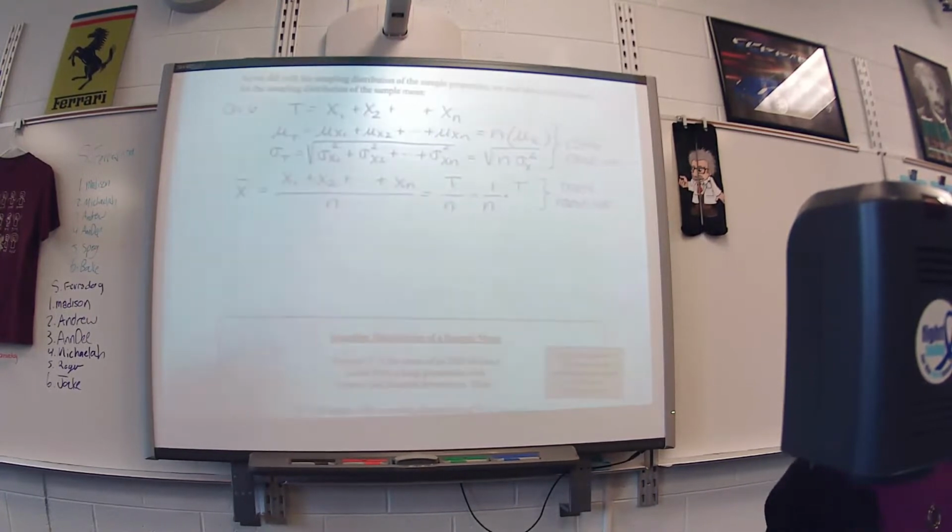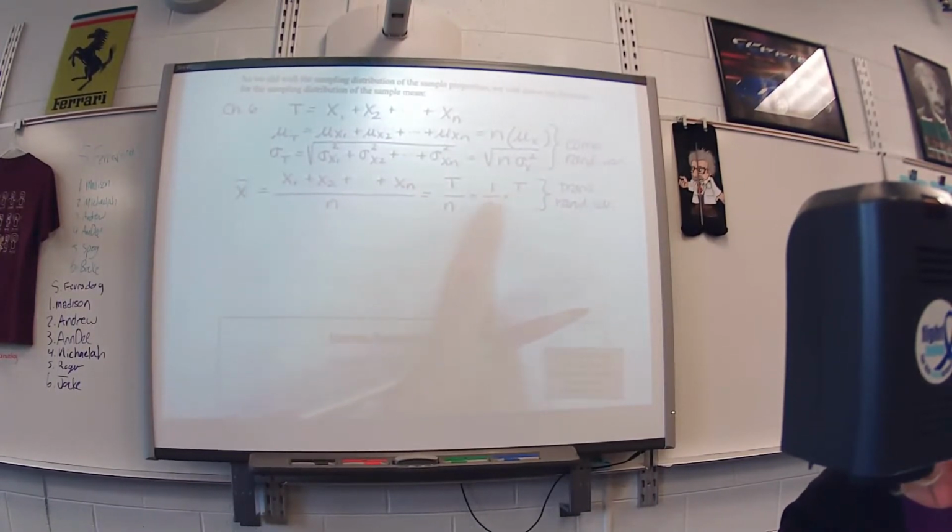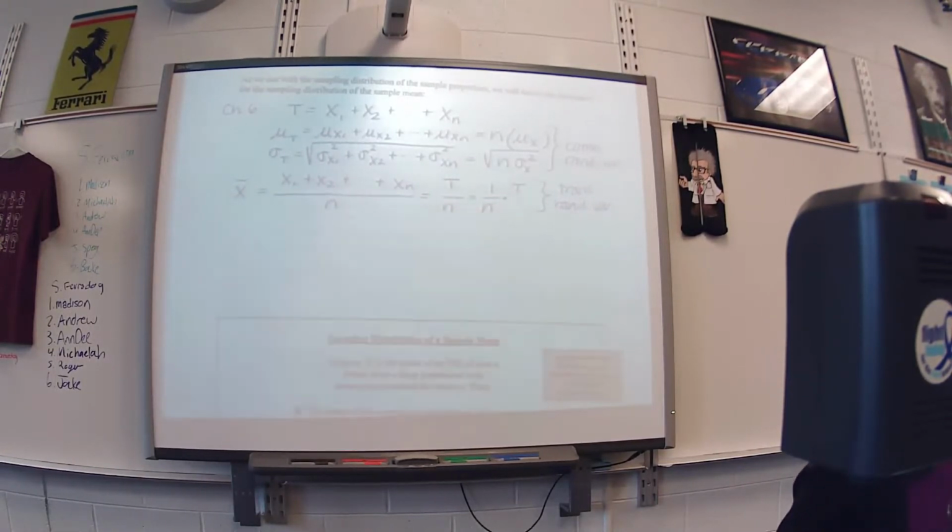So t is created by taking a whole bunch of x's and adding them together, but now t is being transformed into x bar by multiplying by 1 over n.